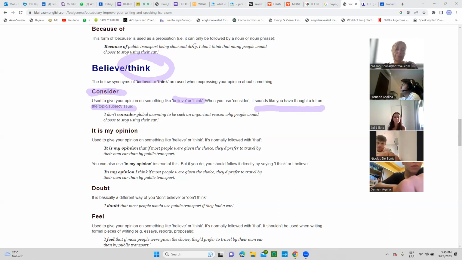I don't consider global warming to be such an important reason why people would choose to stop using their car. Good. Look at how much better consider sounds instead of think. I don't consider global warming, instead of I don't think global warming. Do you see? Consider sounds better.